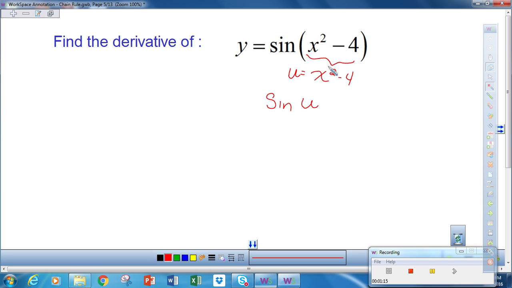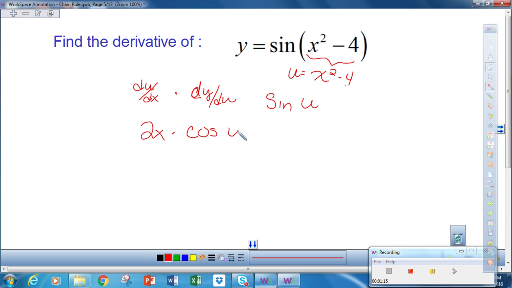Okay? So what we're going to do is start by taking the derivative of the inner function, and of course the derivative of the inner function would be 2x. And then we take the derivative of the outer function, which would be the derivative of sine u. Well, the derivative of sine u, so this is the derivative of the outer function, would be cosine of u.